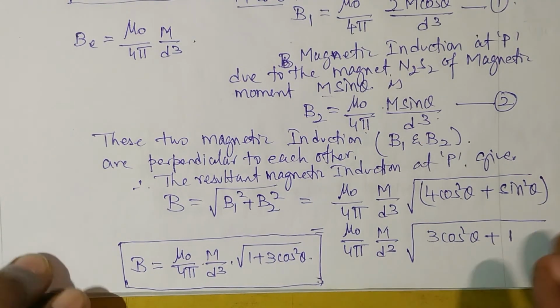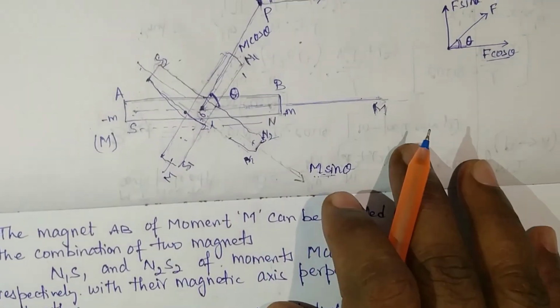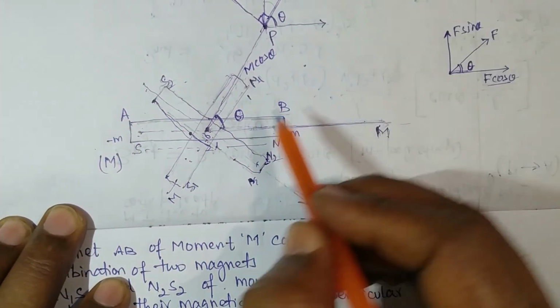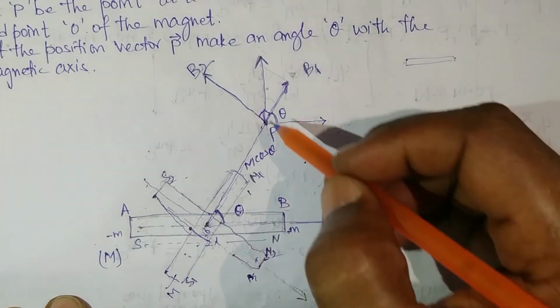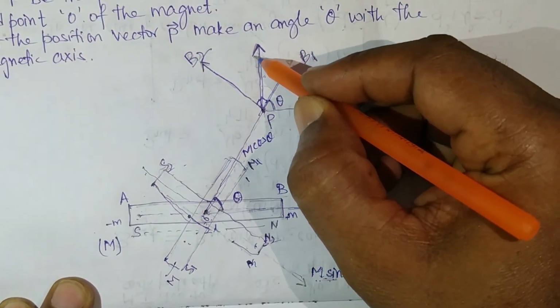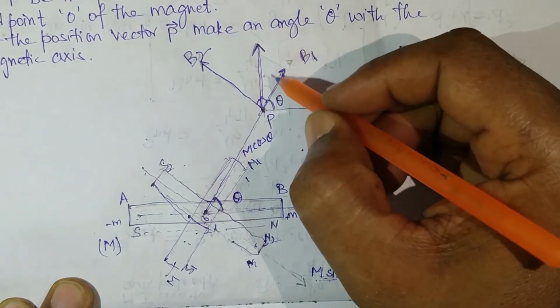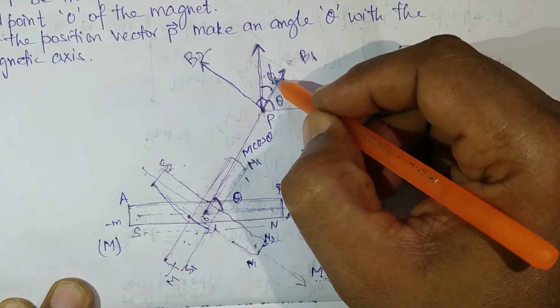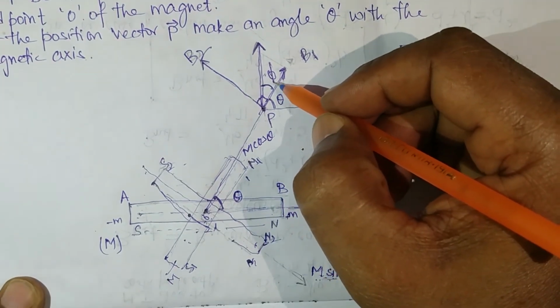So this is the formula to calculate the magnetic induction at a point due to a magnetic dipole. In the figure we saw that the vector P is making an angle theta with the magnetic axis. Now this is the resultant, and let this vector make an angle phi.